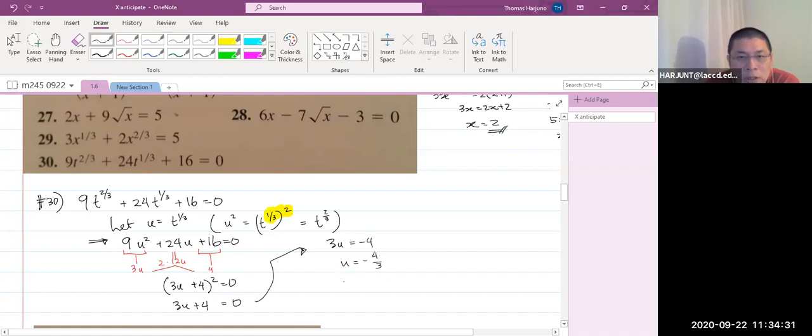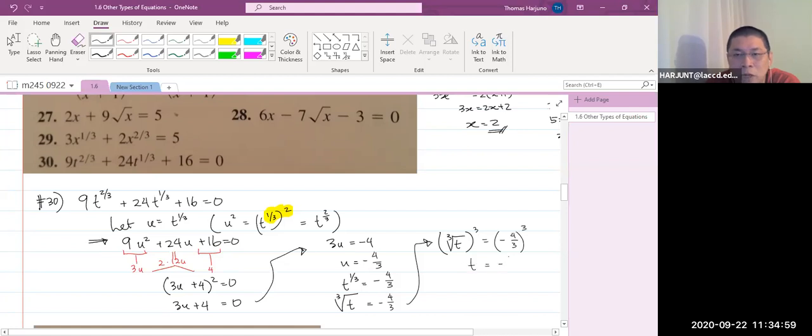This u is t to the power of 1/3, which means cube root. The cube root of t is negative 4/3. Now, how to undo the cube root? We cube both sides. So t equals negative 64 over 27.